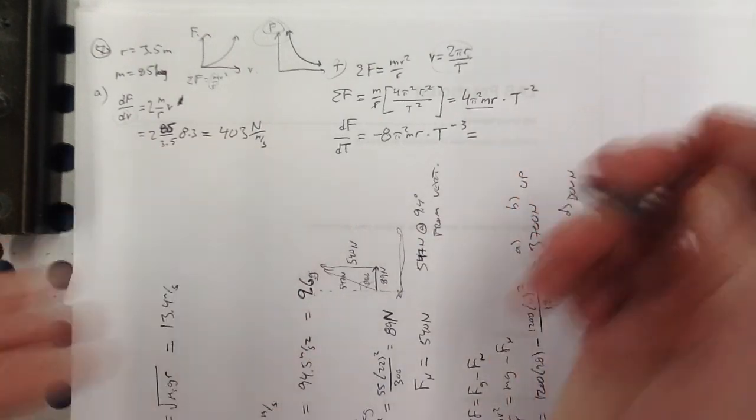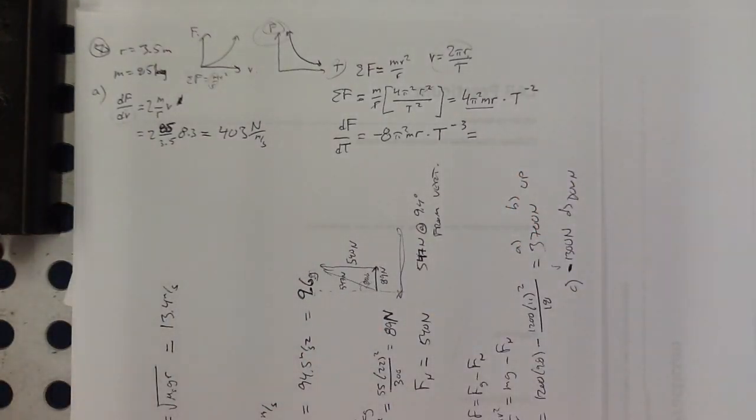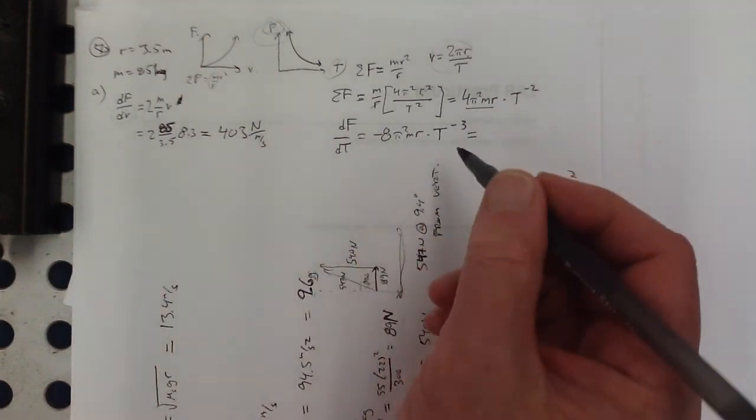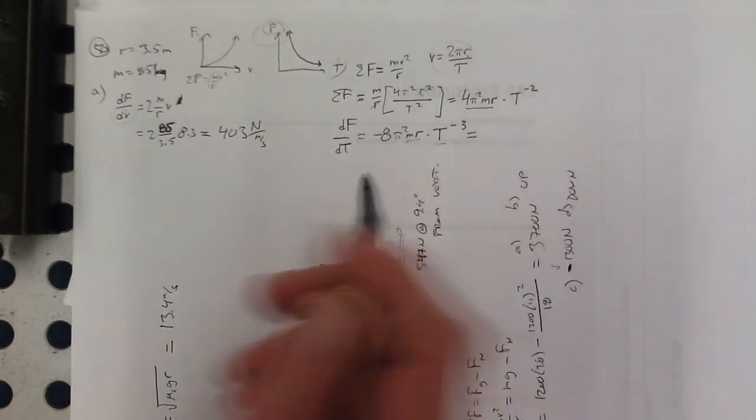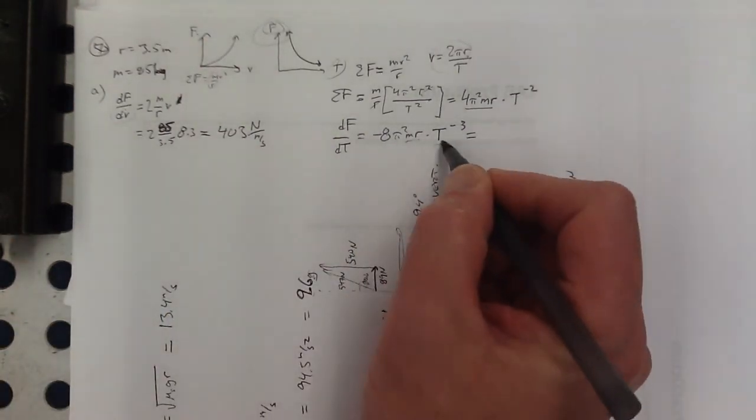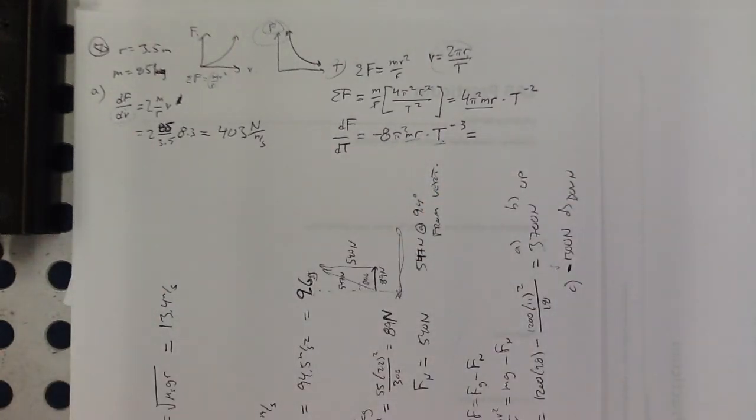And now, let's see if we can get an answer. They would like us to figure the slope when the period is 2.5. So I'm just going to jam this all in my calculator. Negative 8 pi squared times the mass, which is 85, times the radius, which is 3.5, times the period, which is 2.5, to the negative 3.